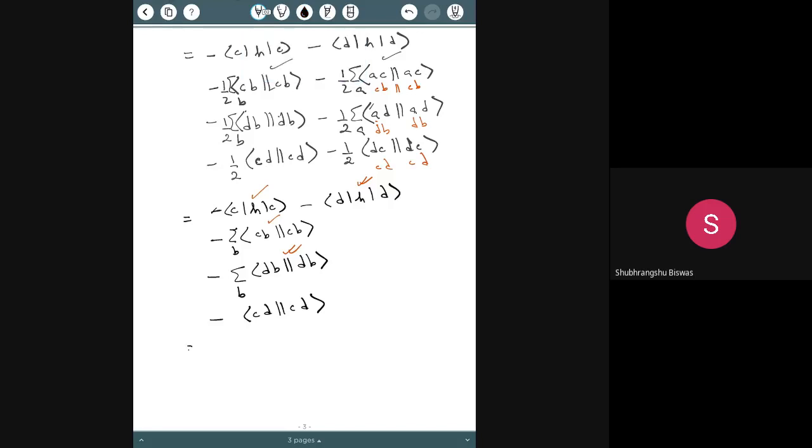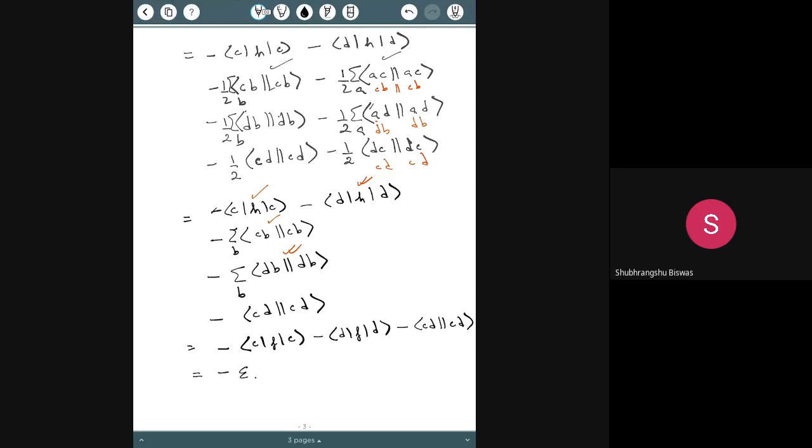So I get minus CFC, then minus DFD, and minus CD. And the expectation value of the Fock operator is the orbital energy.